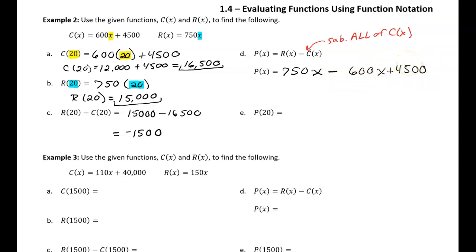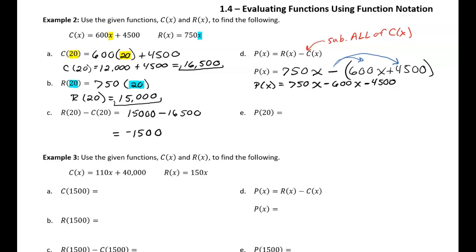So to keep track of all the parts of the subtraction, I use parentheses to denote that all of this is being subtracted. And that parentheses is important because what happens with a minus and parentheses, it's going to flip the signs, right? It's going to be distributed in so that we have P of x is equal to 750x minus 600x minus 4,500.